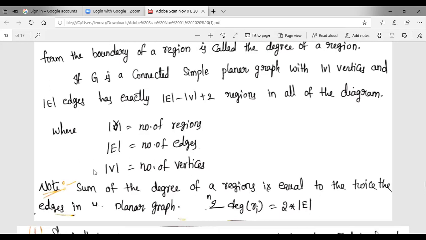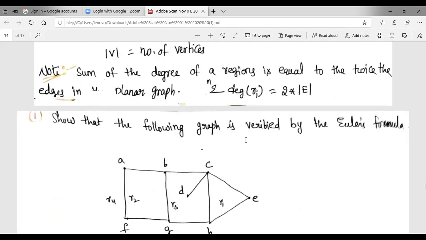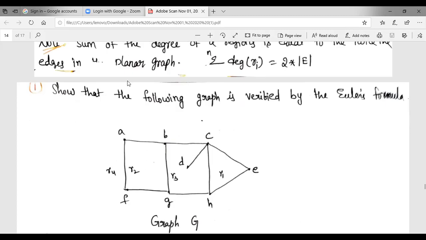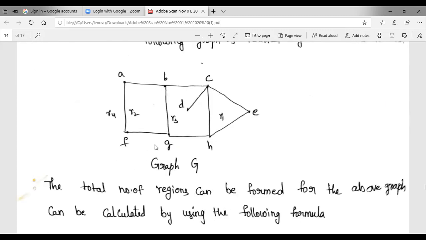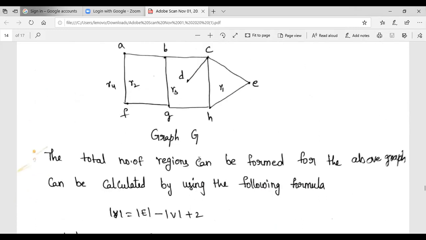Okay. So show that the following graph is verified by Euler's formula. What is Euler's formula? Sum of degree of Ri is equal to twice the edges of a given planar graph. The given graph has vertices A, B, C, D, E, F, G, H, so totally 8 vertices.